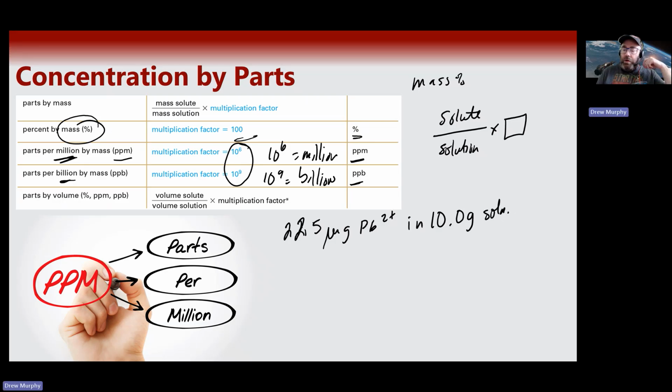Well, remember, micro is 10 to the minus 6. So 22.5 micrograms is really 2.25 times 10 to the minus 5 grams of lead 2+. Remember, we want to have our units be the same thing.